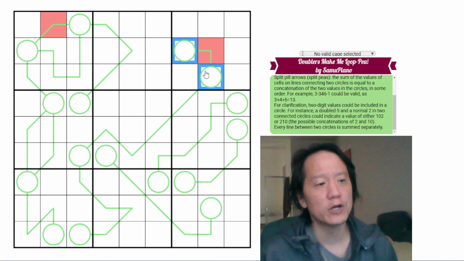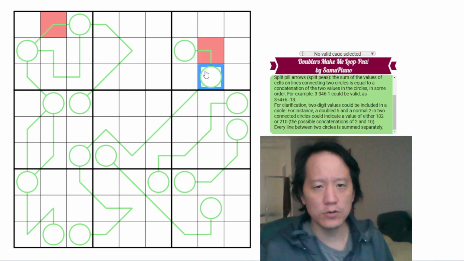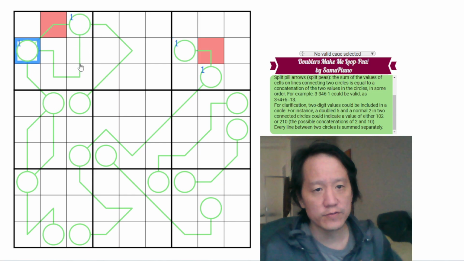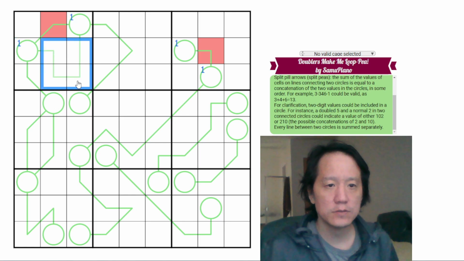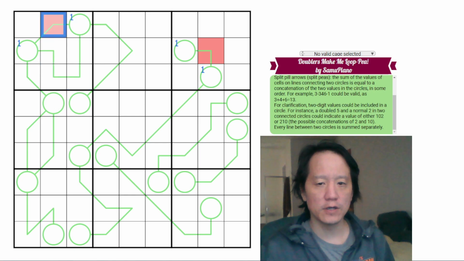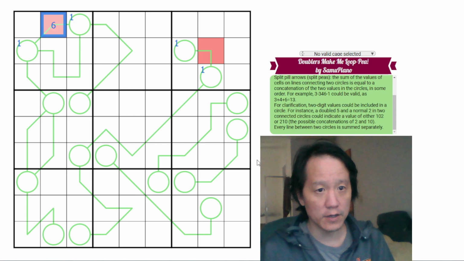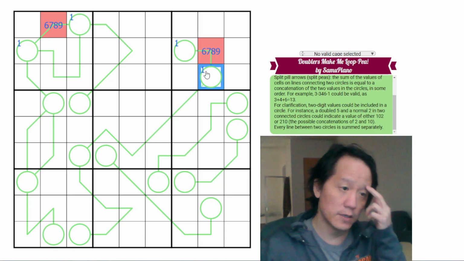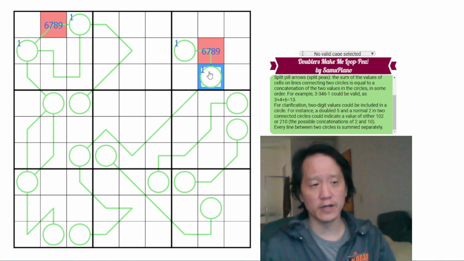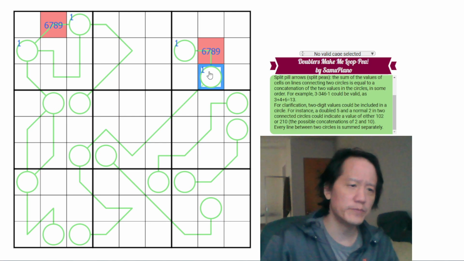One of them must be one. So we know the one is in one of these squares. We know the one is in one of those squares. This cannot be 5. It could be 6, 7, 8, or 9. This is also 6, 7, 8, or 9. This could be doubled, right? It could be like 1 with 2 doubled.